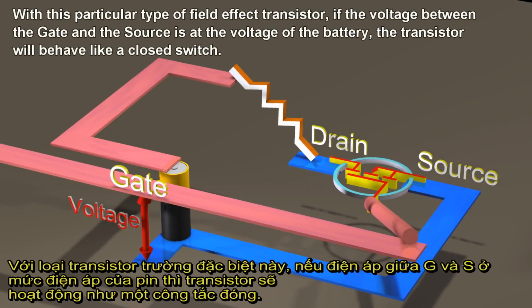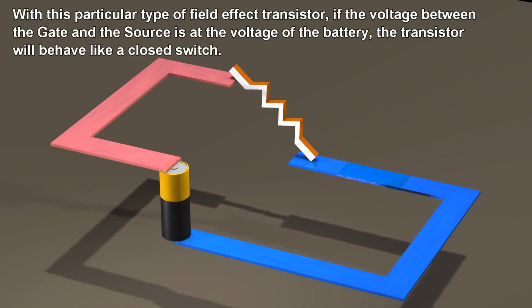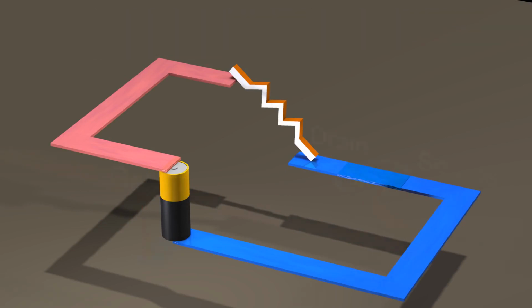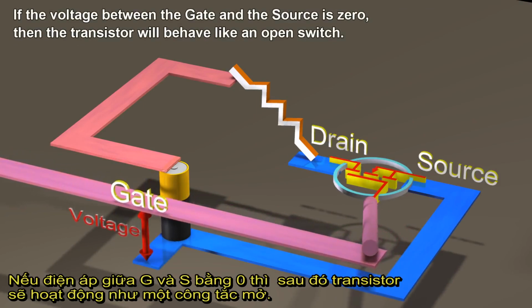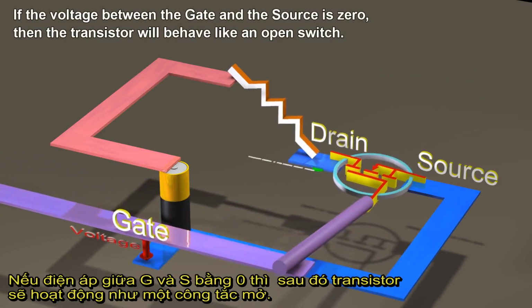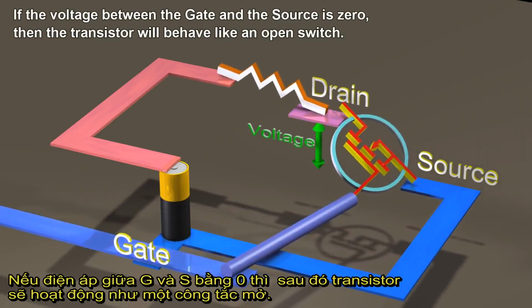With this particular type of field effect transistor, if the voltage between the gate and the source is at the voltage of the battery, the transistor will behave like a closed switch. If the voltage between the gate and the source is 0, then the transistor will behave like an open switch.